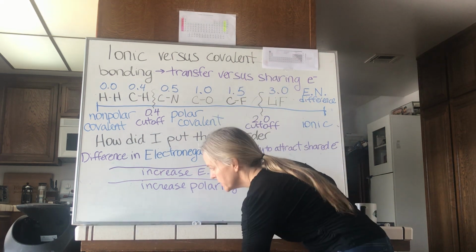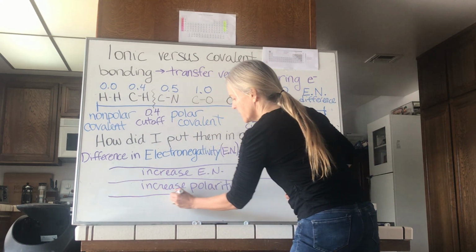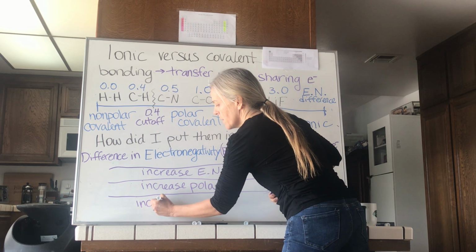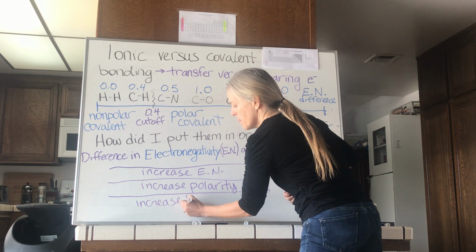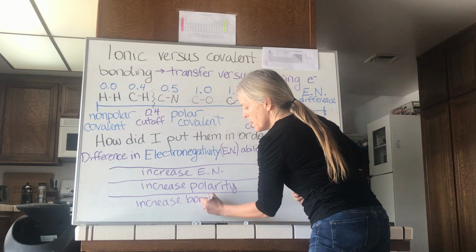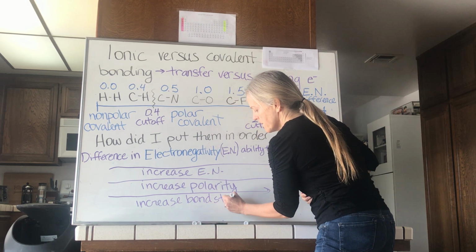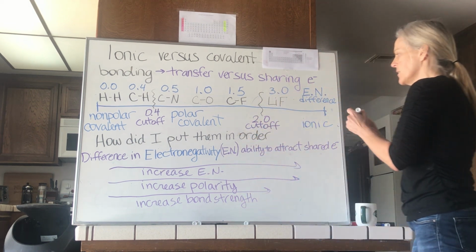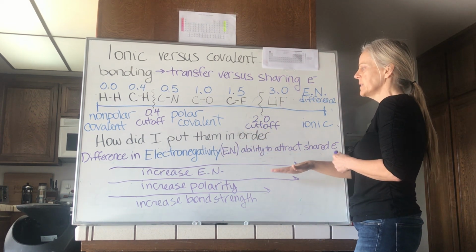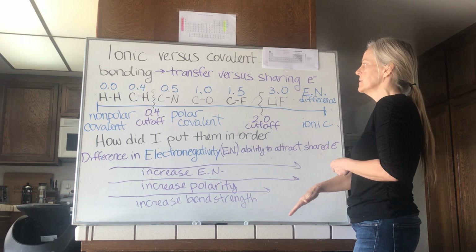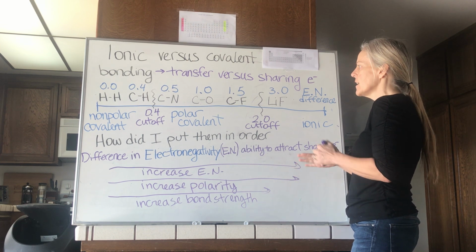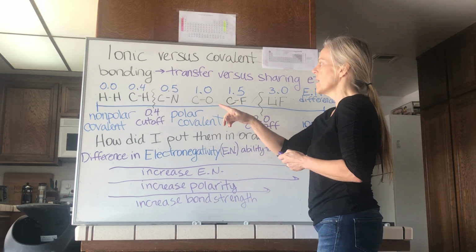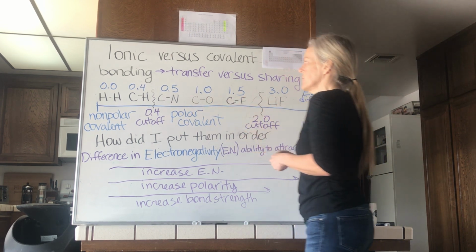We've talked about bond strength, so there's an increase in bond strength. And there are other things that we'll talk about later that increase, that you can look up in the book, but these are all related to each other. And now we'll be able to think about these when we talk about certain types of bonding.